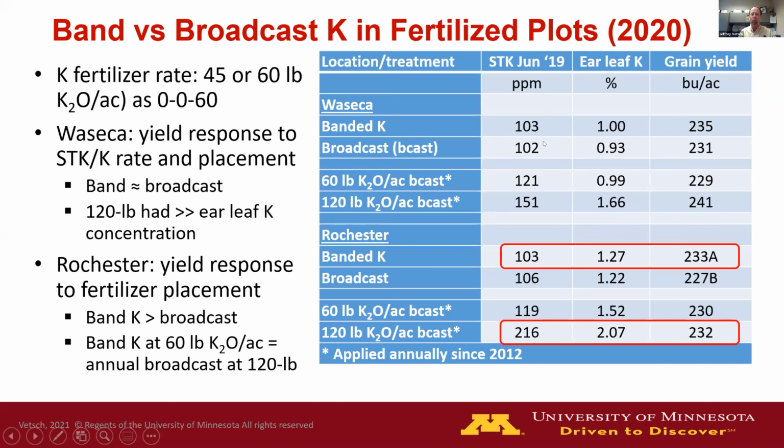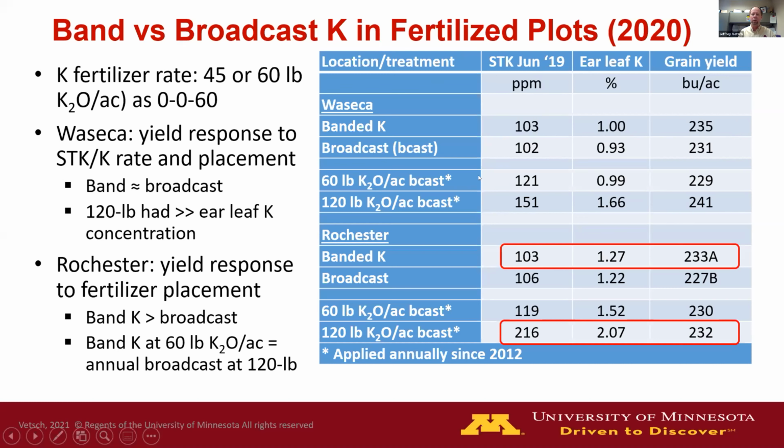So that's what we want: a side-by-side comparison of similar soil tests. The ear leaf K at R1 tended to be numerically greater with banded application than broadcast, but you don't see any letters here, so that's not a statistically significant difference, as with the yields: numerically 4 bushels difference, but not statistical.